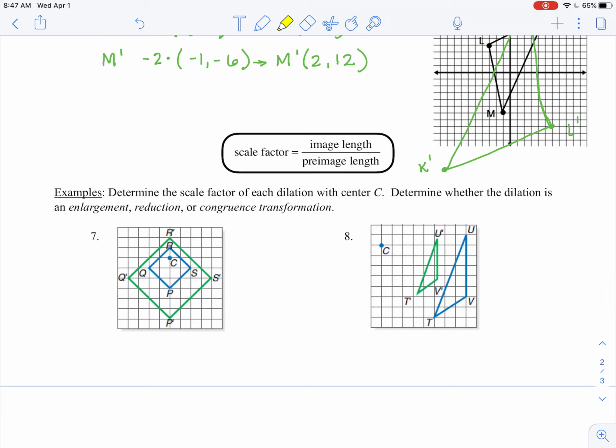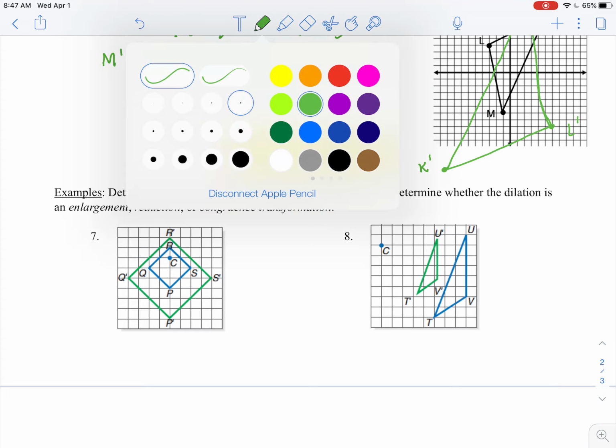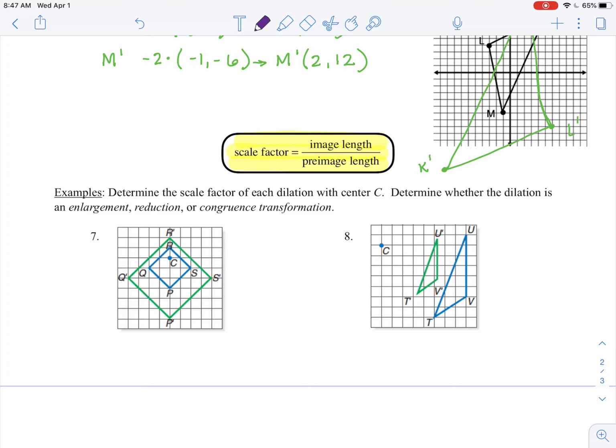Okay, for our last two questions, we are given a dilation performed on the coordinate plane, and our job is to figure out if the dilation was a reduction or enlargement, and then the scale factor that was actually performed. So for question number 7, when we take a look at this graph, first of all, notice that the pre-image is smaller than the image.